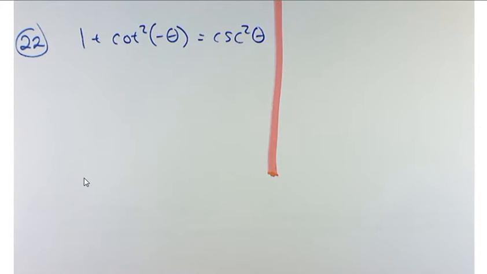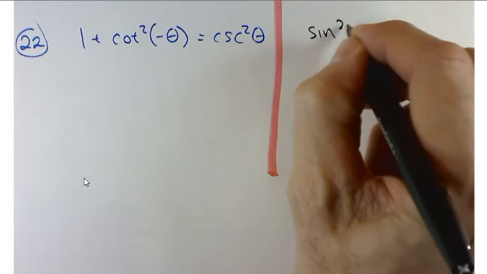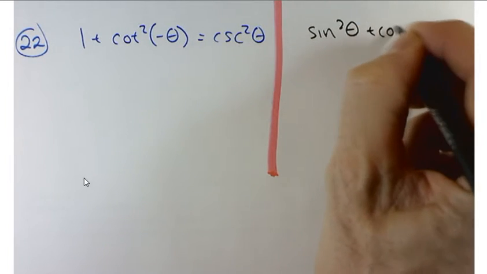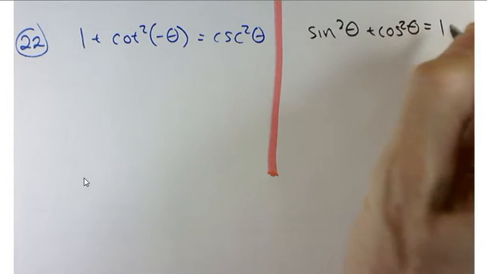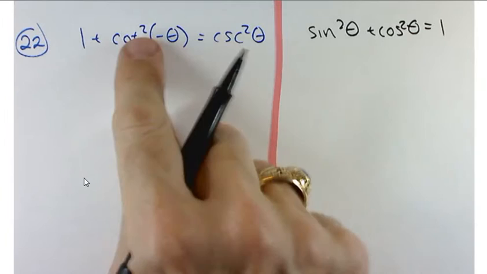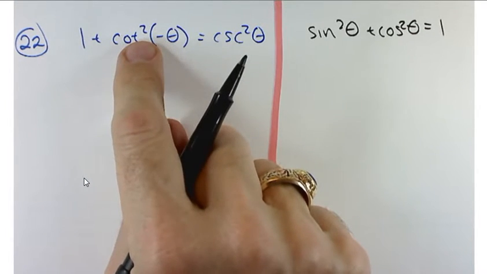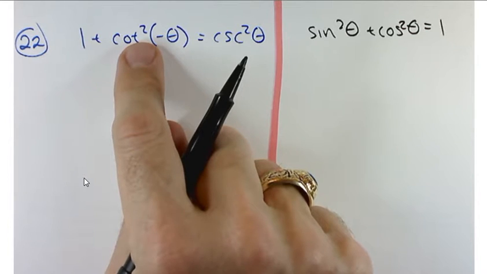What does the Pythagorean theorem say? What's the most basic form of the Pythagorean theorem? All right, sine squared theta plus cosine squared theta equals 1. Now let's look at this a little bit. Look at the cotangent squared of theta. What trig function's in the denominator of the cotangent?